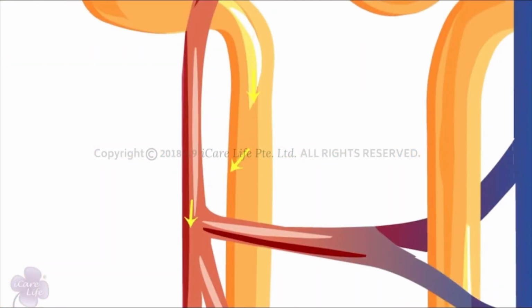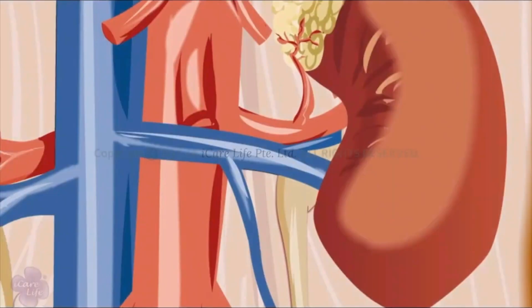Large protein molecules and blood cells remain in the blood. The purified blood then passes through the capillaries and finally to the renal vein.